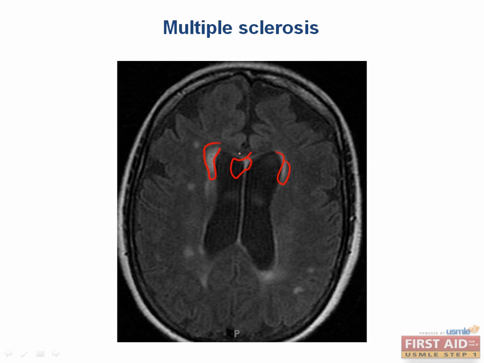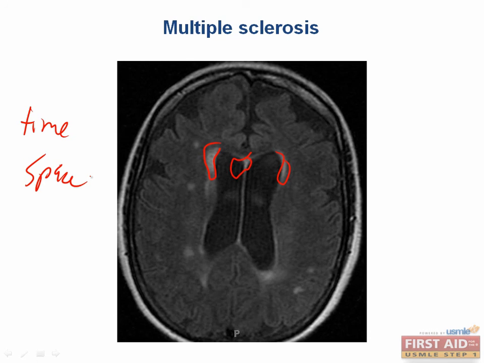On MRI, you need to demonstrate multiple lesions in the CNS white matter that appear separated in both time as well as space. Now, for the diagnosis of multiple sclerosis, you can also obtain CSF through a lumbar puncture, which would demonstrate mild lymphocytosis, especially after an acute relapse, as well as oligoclonal bands. However, you should know that neither of these two signs are entirely specific for MS.